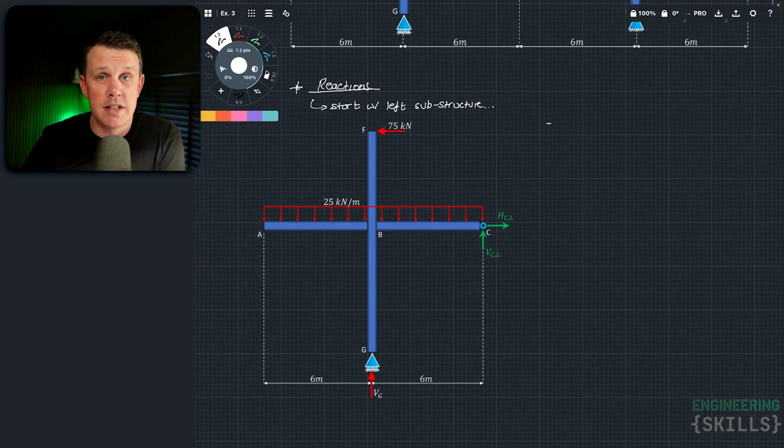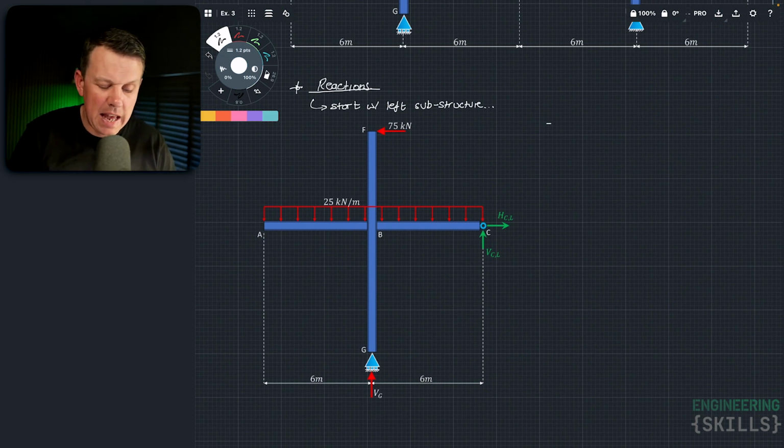It's only forces that are perpendicular to the longitudinal axis of the beam. But because we're dealing with a frame structure here and we've got horizontal loads as well as vertical loads, it is almost certain that the force that gets transmitted through the hinge will not just be a perfectly vertical force, and that's why we have to represent a horizontal and a vertical component.